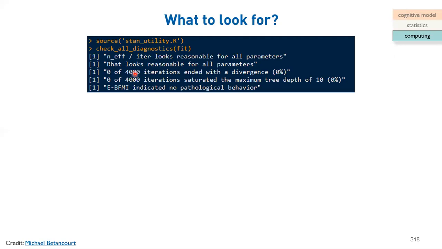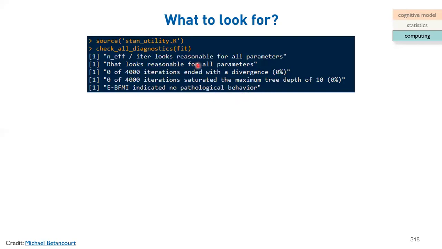And here it also says 0 out of 4,000 iterations ended up with a divergence. Very good, no divergence. And here it means the tree depth was not hit by the sampler, so 10 is enough. And this one, the Bayesian fraction of missing information, indicated no pathological modeling behavior. Good.